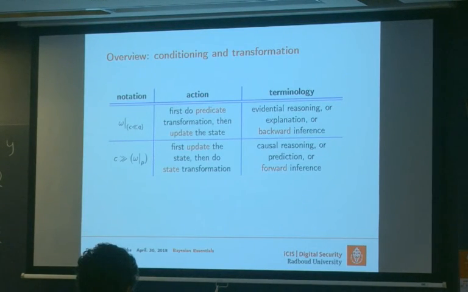If you first incorporate your evidence, your P, into your distribution, and then use it to push it forward to get a new distribution. And you can mix these two. And the idea, what Fabio described, is that you can interpret a Bayesian network basically as a graph in the Kleisli category. And this graph is given by these channels, and along these channels you can move up and down with predicates and states and then follow a certain path and reason.